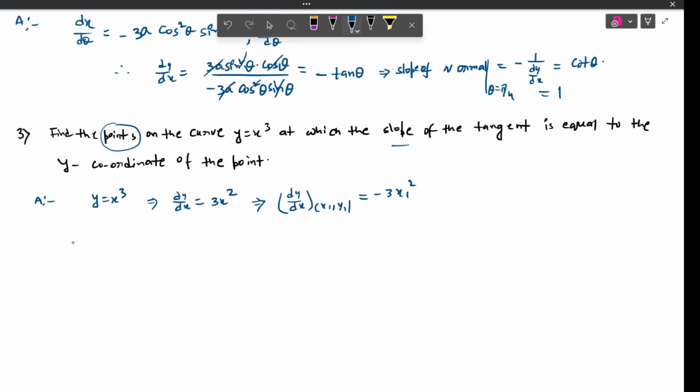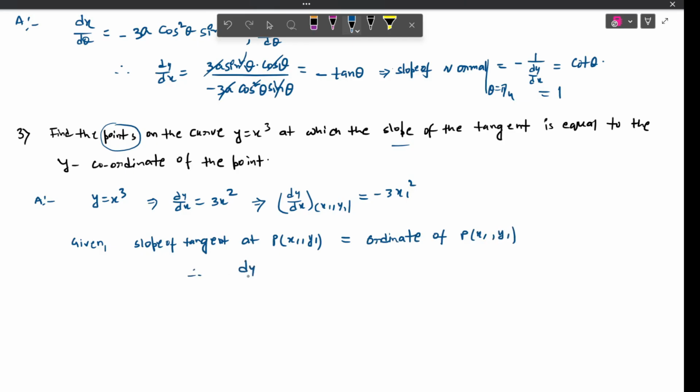It is given that the slope of tangent at point P, let us say x1 comma y1, is equal to the y coordinate of the point x1, y1.